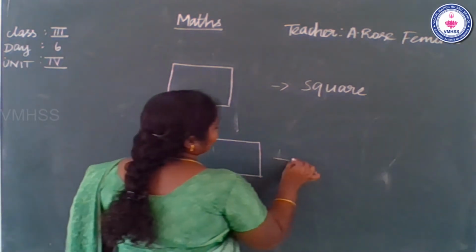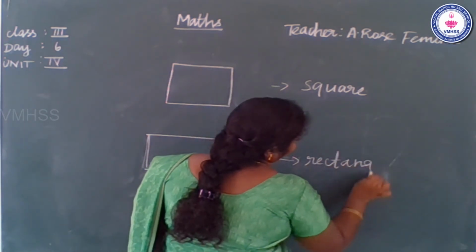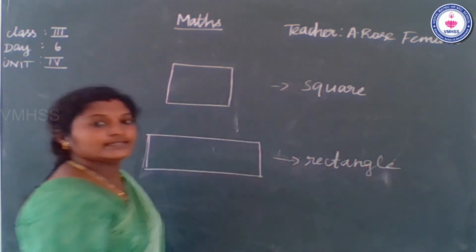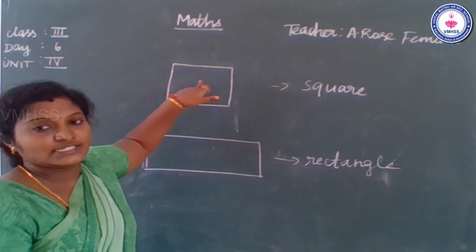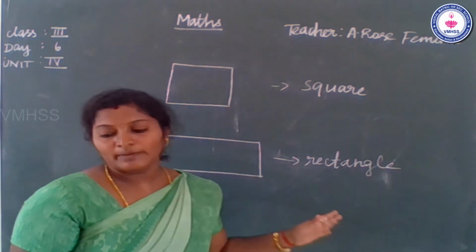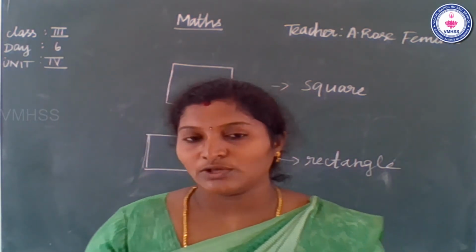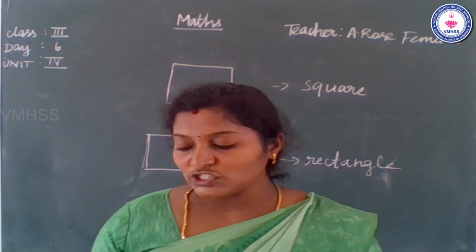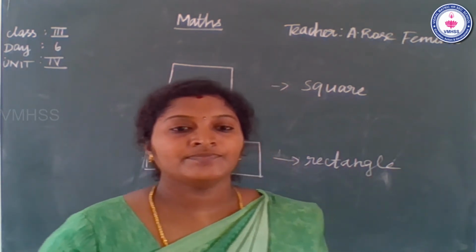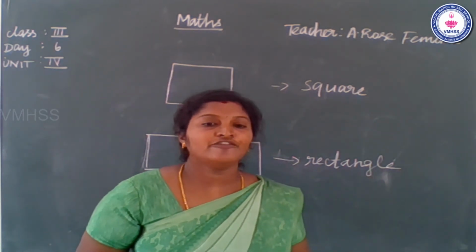So this is a square and this shape is a rectangle. Lines of symmetry in different shapes. Students, take page number 85.